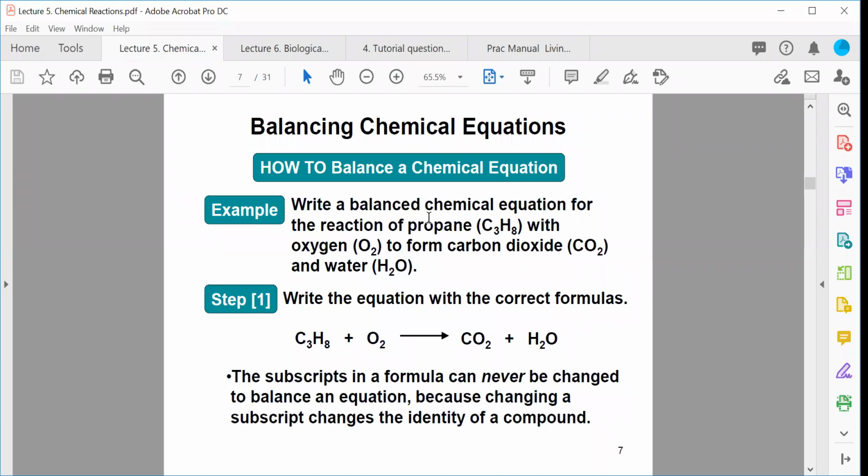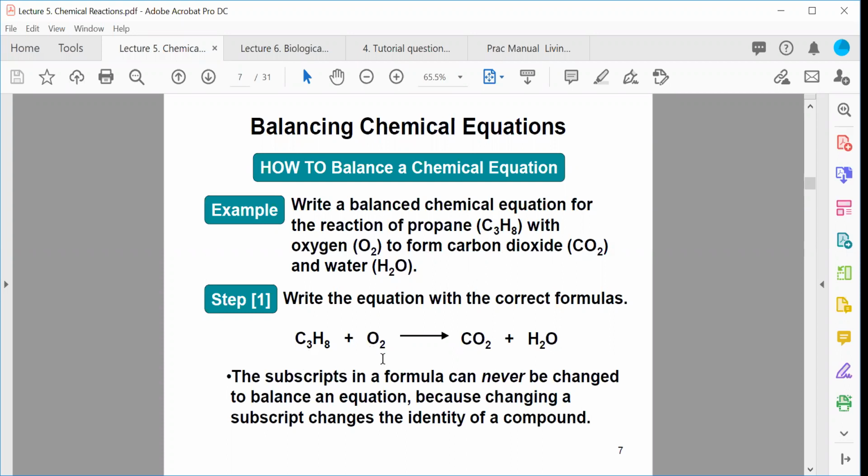Example, write a balanced chemical equation for the reaction of propane, which is C3H8, with oxygen, O2, to form carbon dioxide, CO2, and water, H2O. So firstly, write out the chemical equation using the correct formulas, which have just been given to you. So we've got propane written here as one of the reactants.